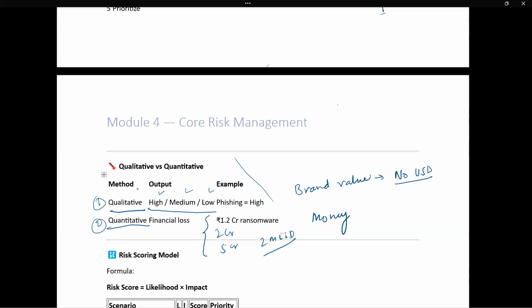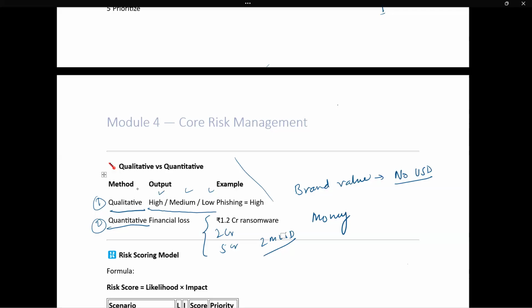Maybe Sudhir is saying it is going to be a high impact, maybe Jai is saying it is going to be a low impact, and maybe the third says it is going to be a medium impact. So we got one high, one medium, one low. If you average all these three, it will come to medium.